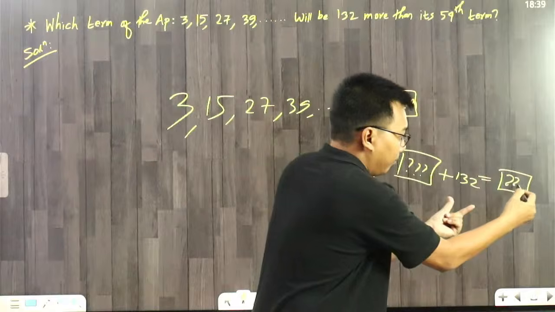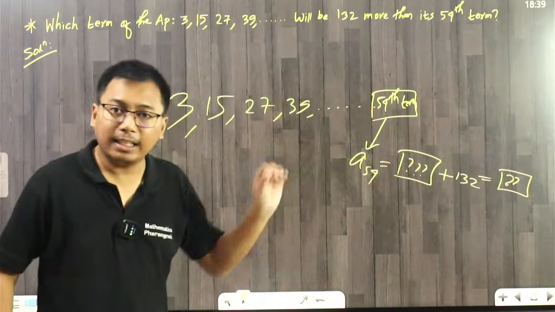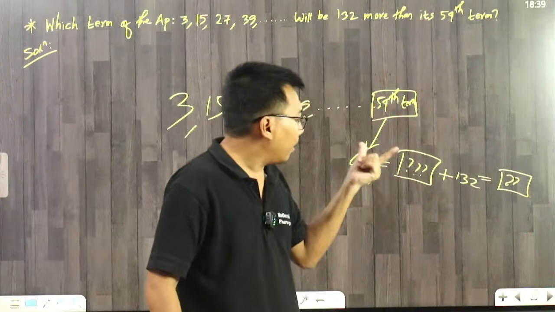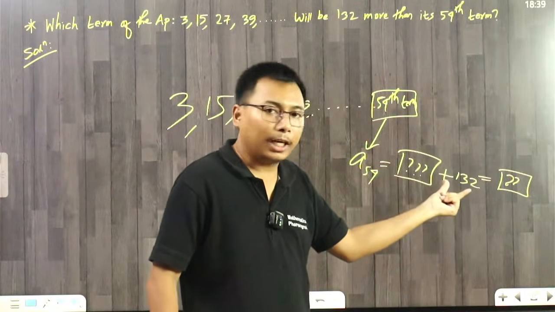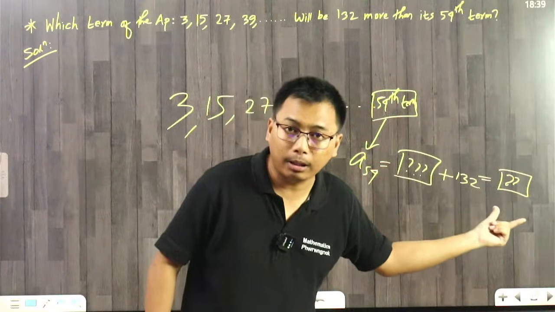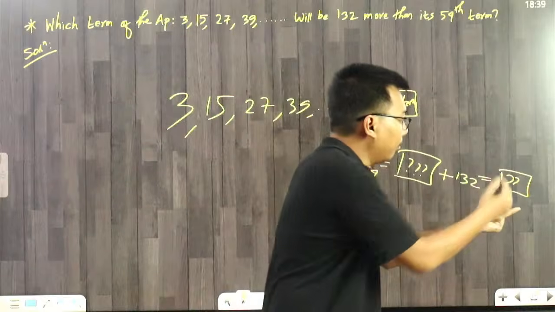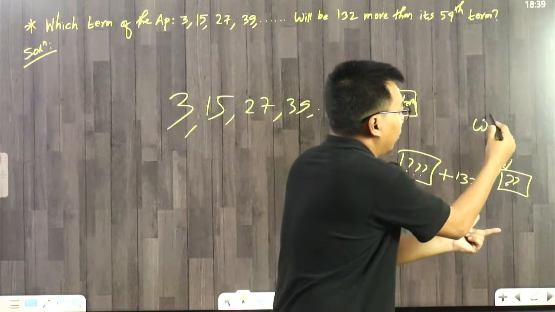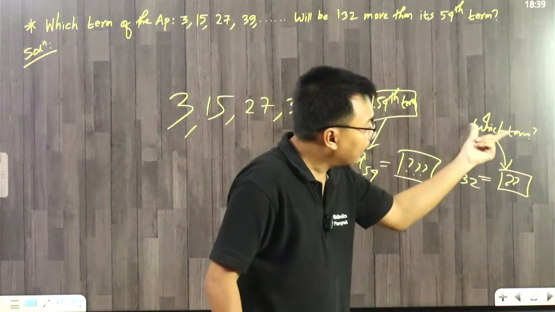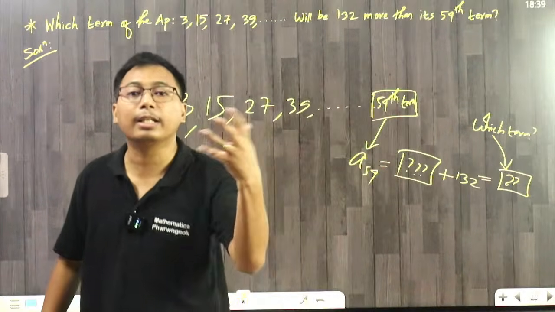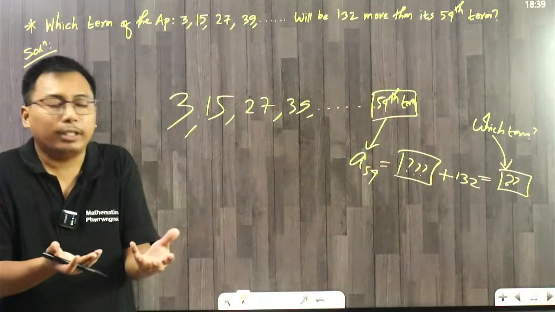we will get a new term. Is it clear? In this 54th term, if we add 132, we will get a new number, right? Now, which term is this new number? We have to find the term number of this new number.